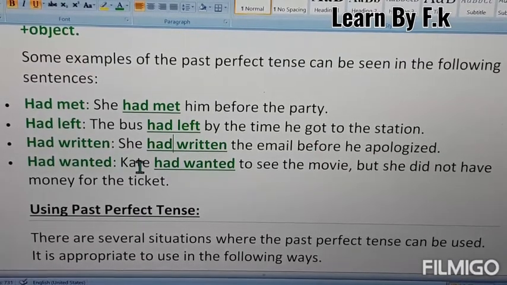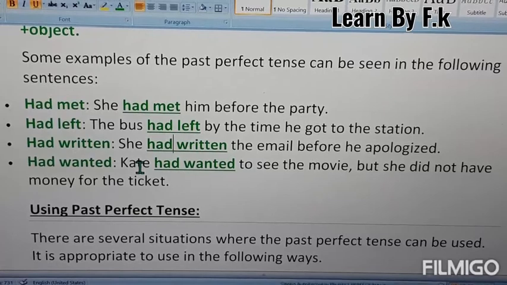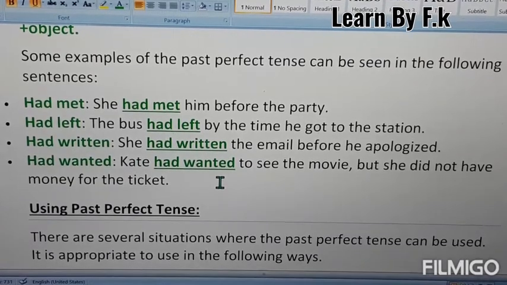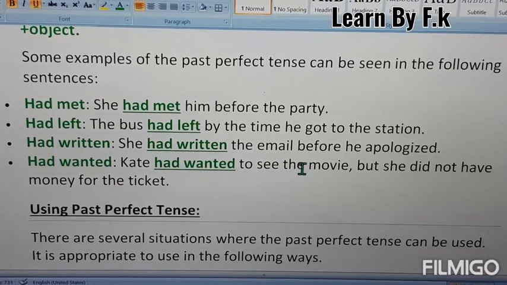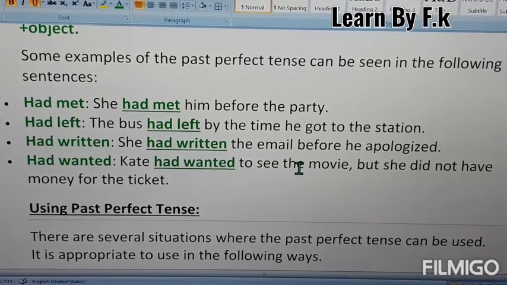Fourth example, had wanted. Kate had wanted to see the movie before she did not have money for the ticket. Same here, Kate had wanted. This is the first older activity, or you can say the oldest activity: she had wanted to see the movie.